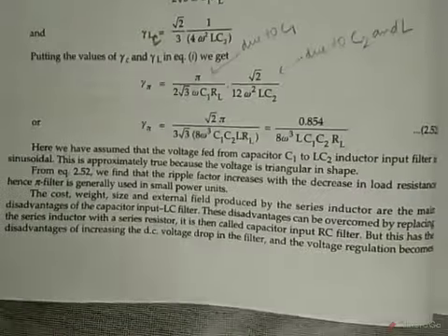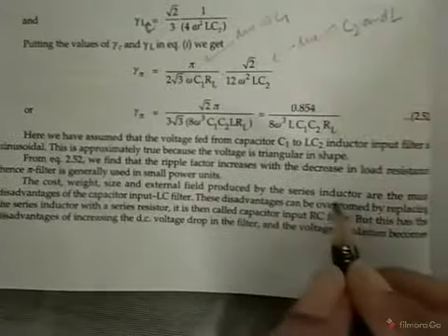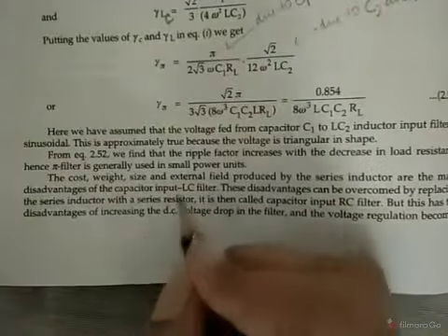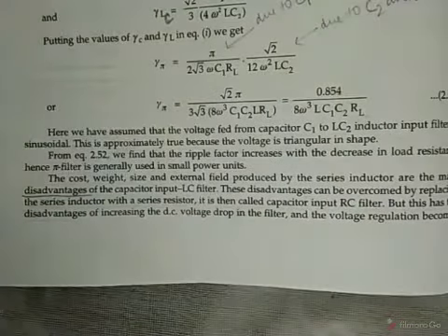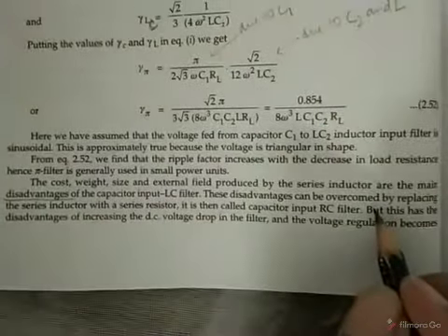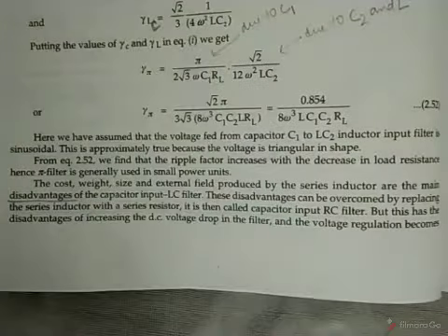Also, the cost, weight, size, and external field produced by the series inductor are the main disadvantages of the capacitor input LC filter. These disadvantages of the pi filter can be overcome by replacing the series inductor with a series resistor.